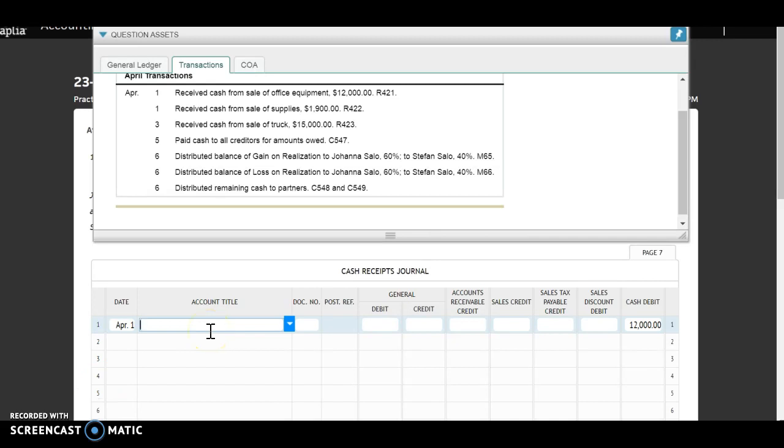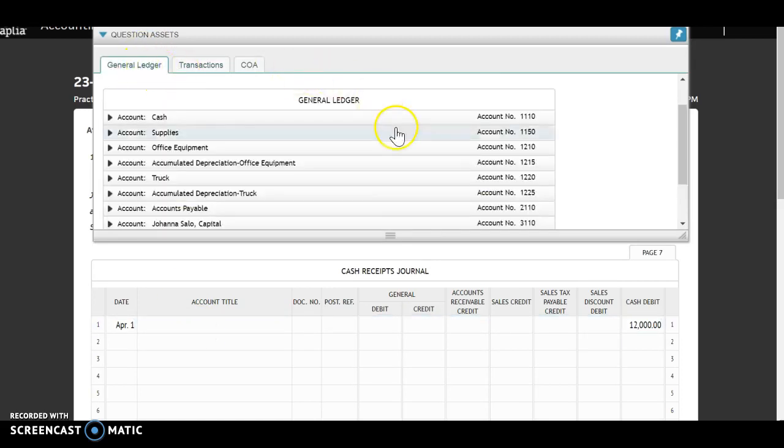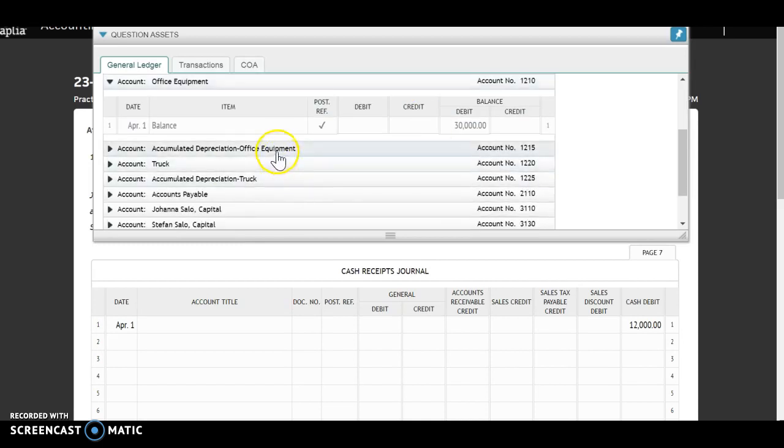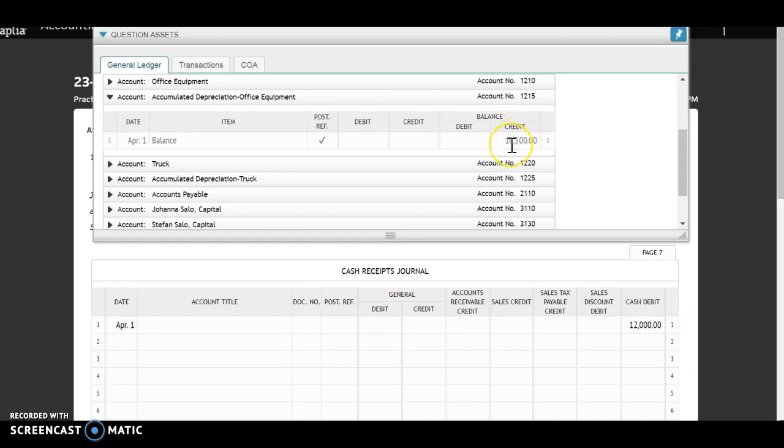Okay, so next we need to go back and look at our general ledger accounts. When we look at our office equipment, it shows that we have $30,000 worth of office equipment. We also need to look at the accumulated depreciation for that office equipment, which is $16,500.